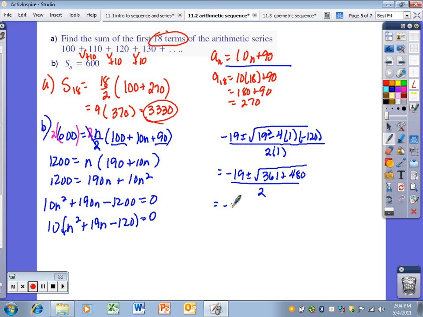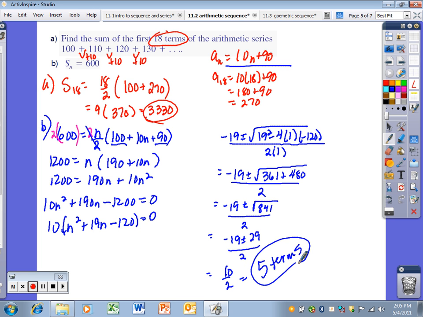That is negative 19 plus or minus square root of 841 over 2. Negative 19 plus or minus 29 over 2. Again, that makes negative, so negative 19 plus 29 is 10 over 2, which is 5 terms. So that should give you the idea of how to use the arithmetic sum.